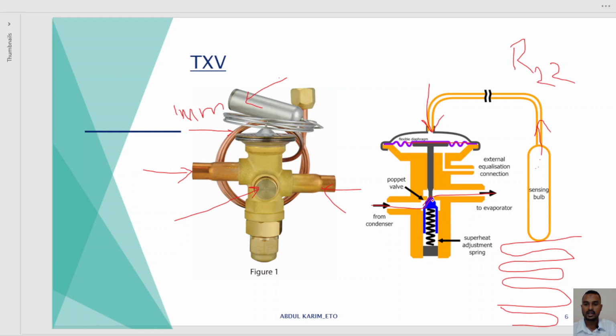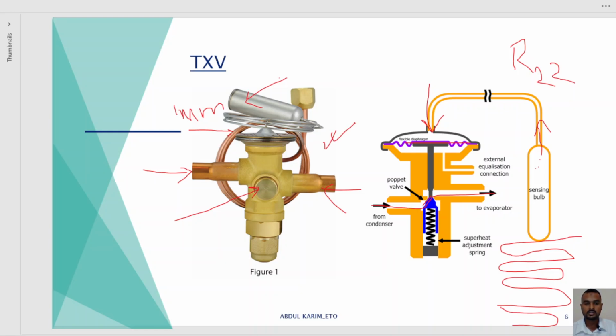As the diaphragm goes up, the path between the propelled bulb and this region will be thin. As the path is thin, a minimum amount of refrigerant will pass through this line. So this is the overall working procedure of this thermostatic expansion valve.